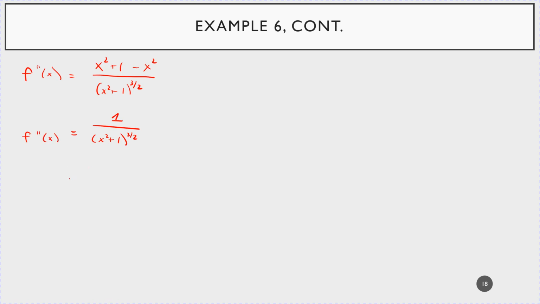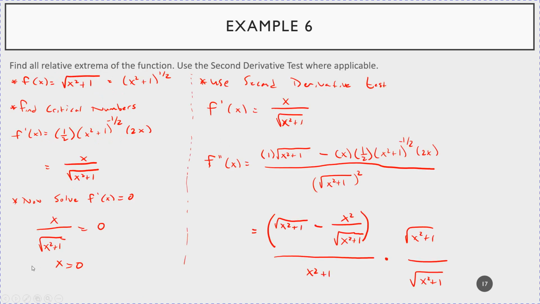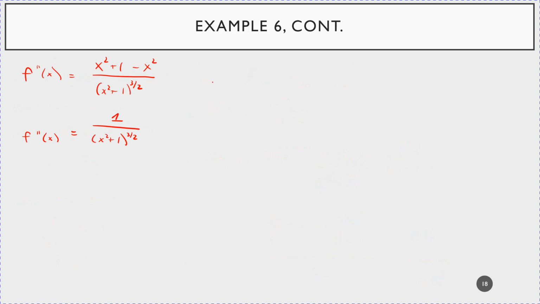So now that I have my second derivative, I'm going to take my critical value, which is 0, and plug it in. Well, that ends up just being 1 over 1, which is 1, which is greater than 0.